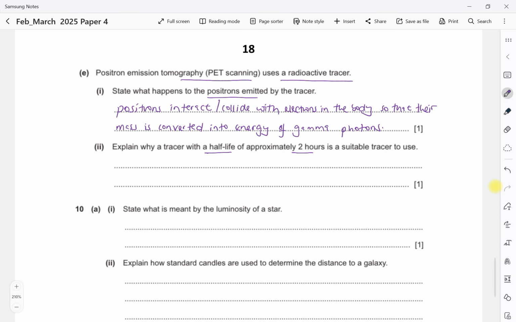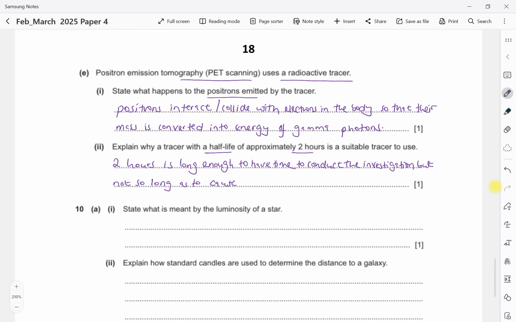So 2 hours is favorable. 2 hours is long enough to have time to conduct the investigation, but not so long as to cause the patient unnecessary exposure to radiation.